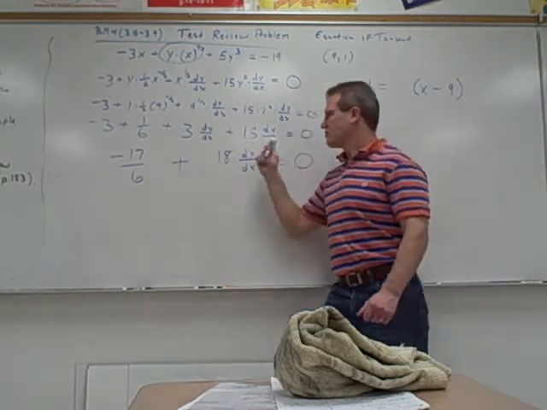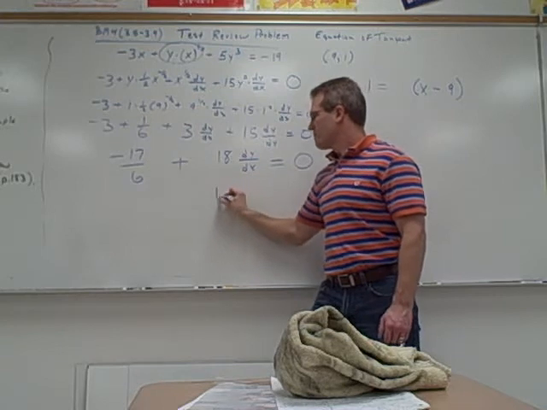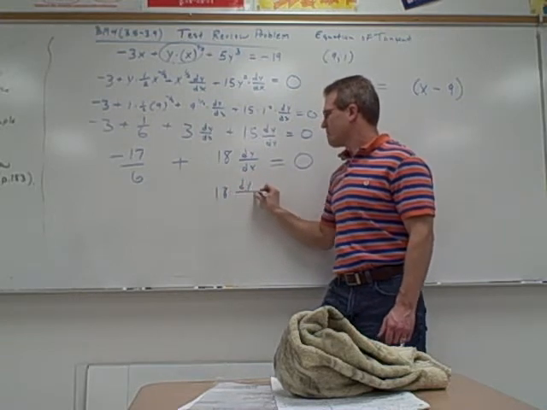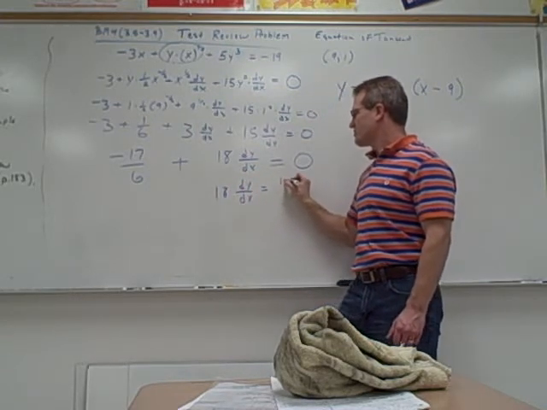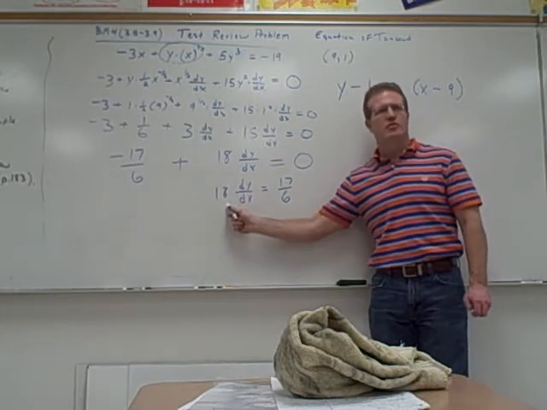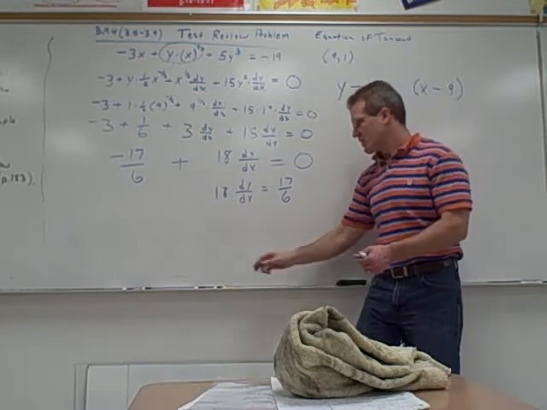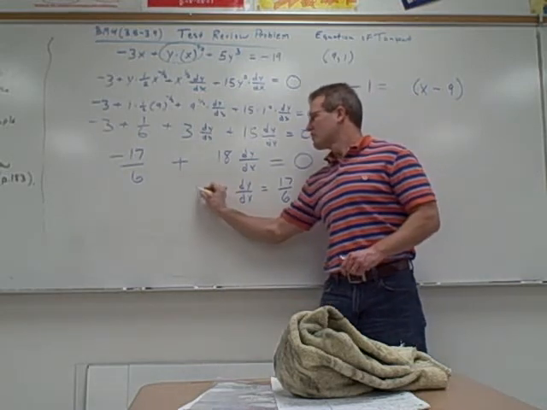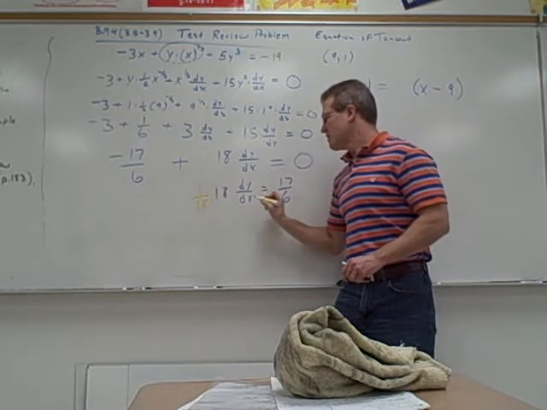Add the 17/6 over to the other side. It gives you positive 17 over 6. And then divide by 18, but if we don't have a calculator, it might be easier to multiply by 1/18 on both sides. To get rid of that 18, multiply by 1/18.